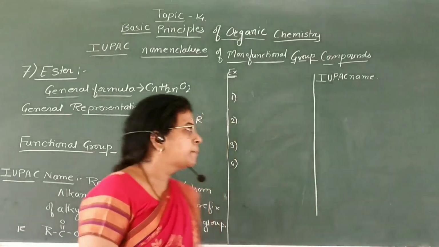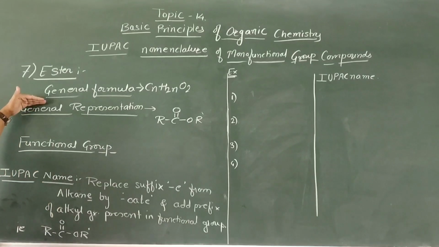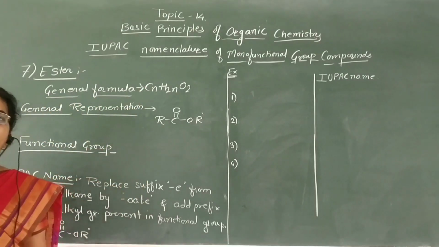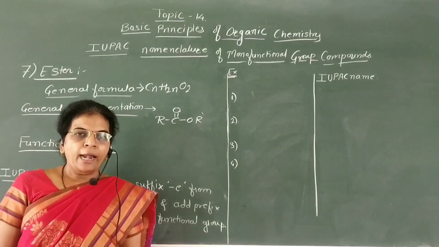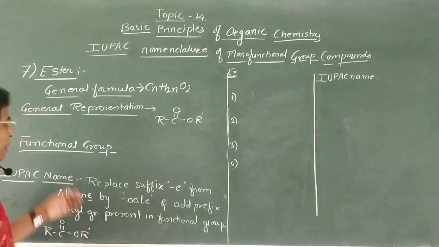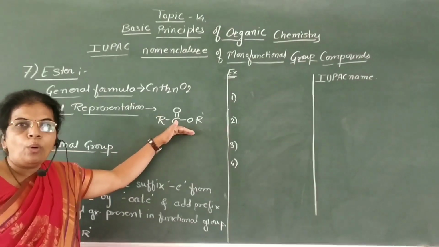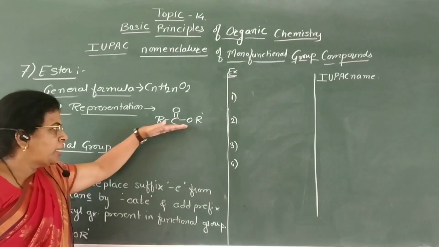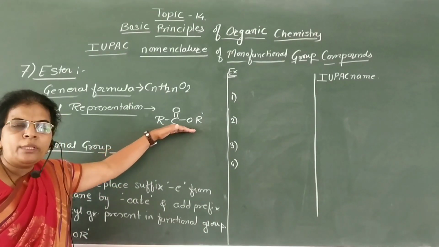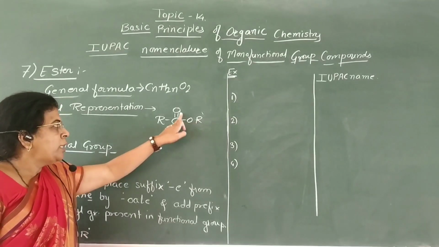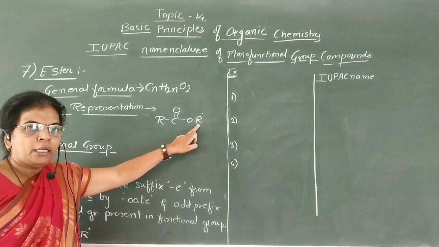Next compound is ester. Now here general formula of ester is CnH2nO2. General formula of carboxylic acid and ester is similar. Now general representation of ester is RCOOR'. Now here this functional group of ester is similar to that of carboxylic acid, only this hydrogen atom from carboxylic acid is replaced by alkyl group.